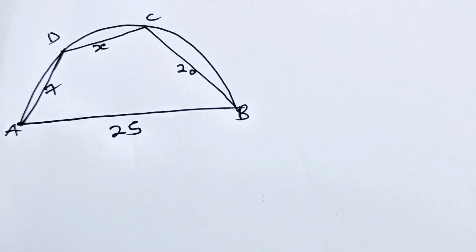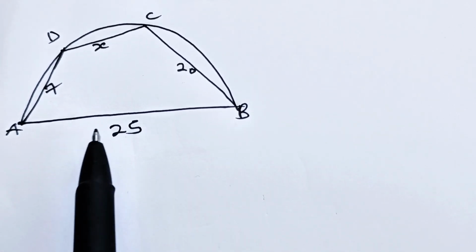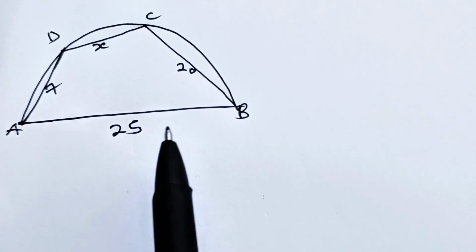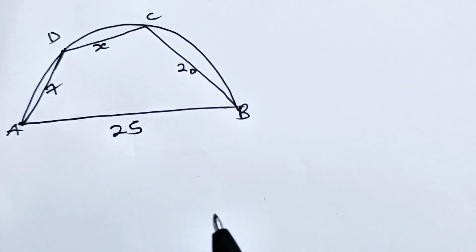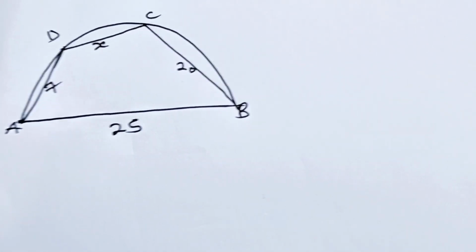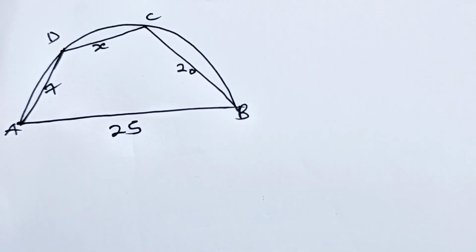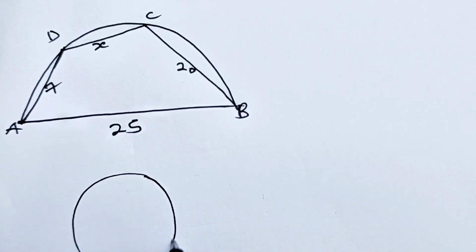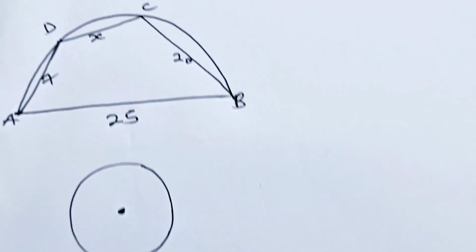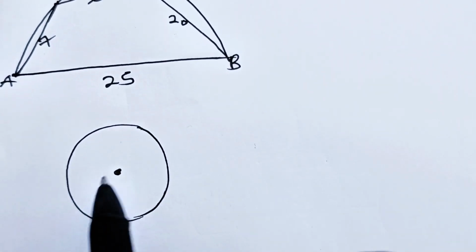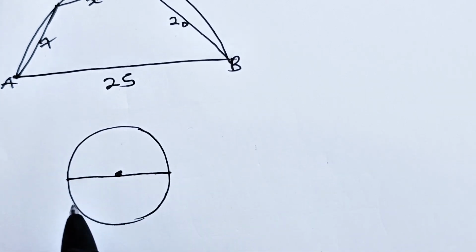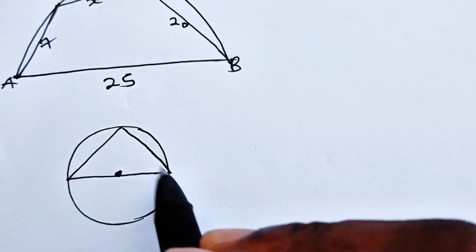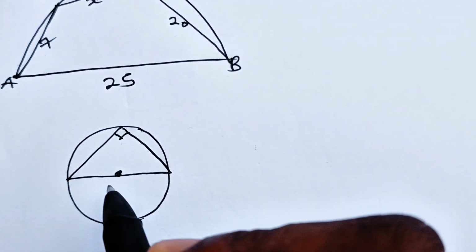Now, first of all, the first thing you will notice from here is that this is a semicircle, okay? And there is this law that states that in a circle of center O, if this is the diameter, any angle subtended by this diameter on the circumference is 90 degrees.